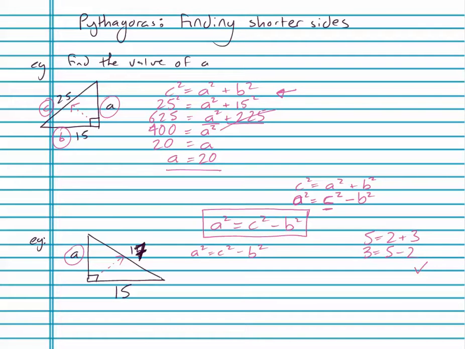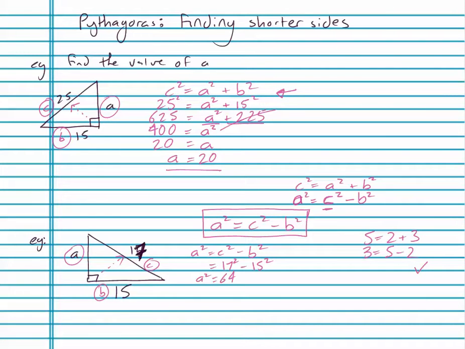A squared equals c squared minus b squared. Substitute our values. We don't know a squared. C, we didn't label our sides. C, b. C is 17, so that's 17 squared minus 15 squared. Now you see we don't need to rearrange anything. We can just work out 17 squared minus 15 squared, and we get 64.